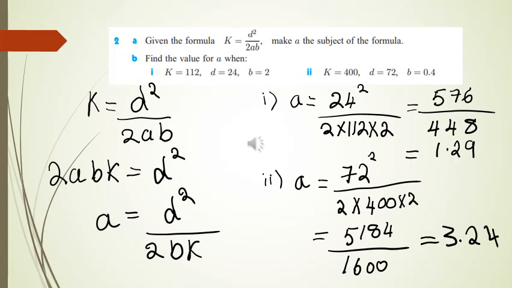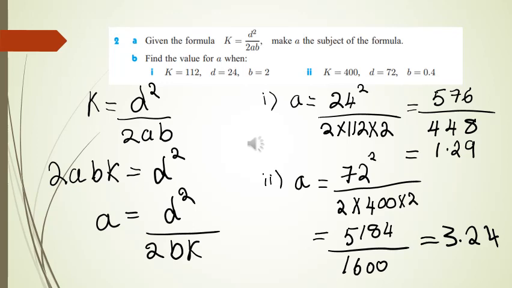Yes, we came to our next example. Read the example carefully, please. Read the formula. The formula is k equals d squared over 2ab. We need to arrange this formula and make a the subject of the formula.